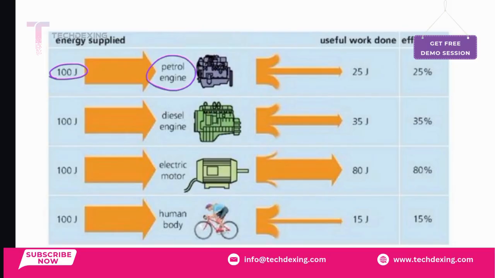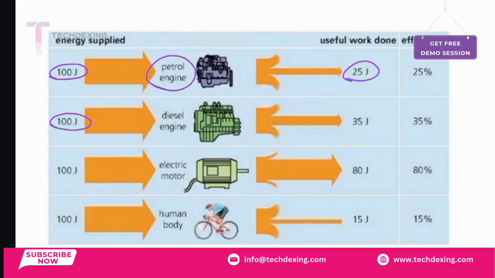First of all, it is said that if we give 100 joule of energy to a petrol engine, only 25 joule of energy would be converted into useful work.